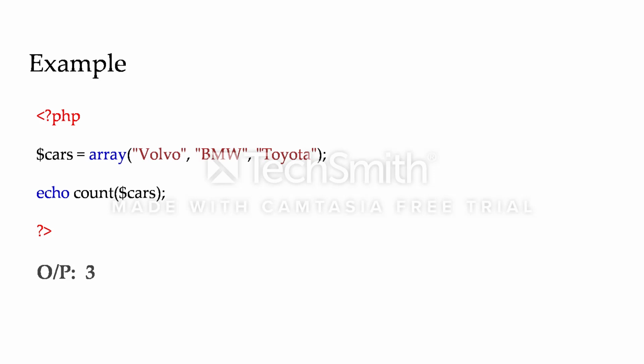Here echo is used for printing the values and the count function is used for returning the length of an array. So from the above example there are 3 values, that means the output generates 3 index numbers.